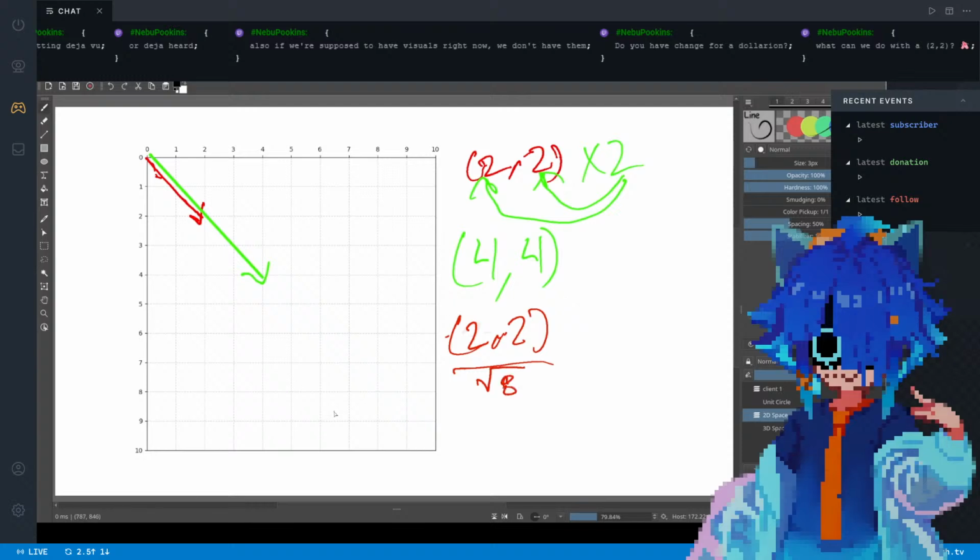Well, this, it turns out, will be equal to approximately 0.7, 0.7. Let's highlight him in orange, and let's draw him up here. So it turns out that he is kind of a special boy. He has an interesting property. His length is equal to 1.